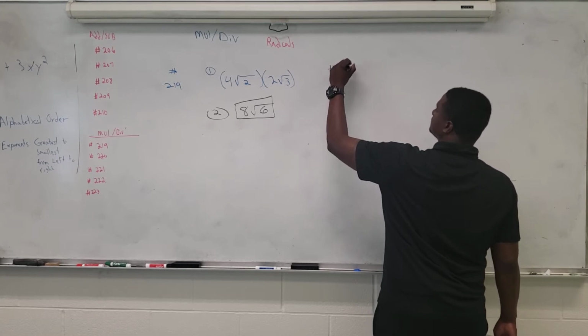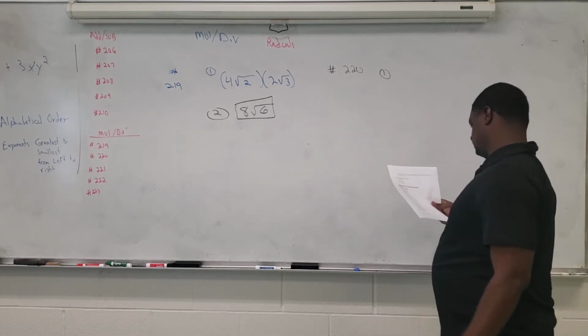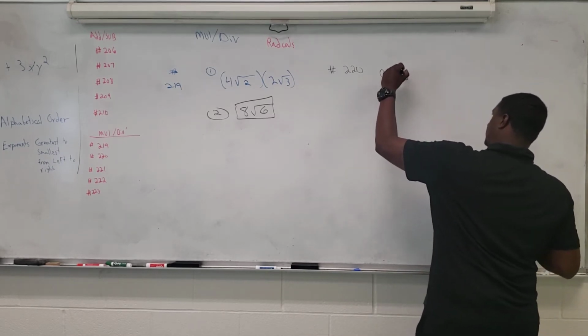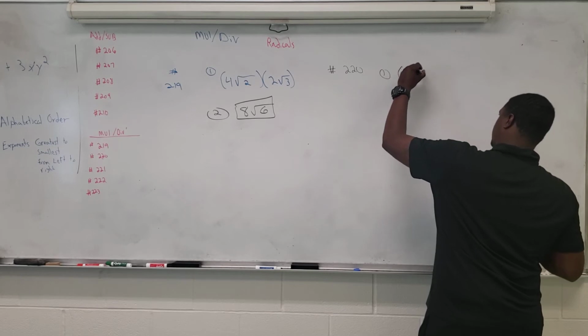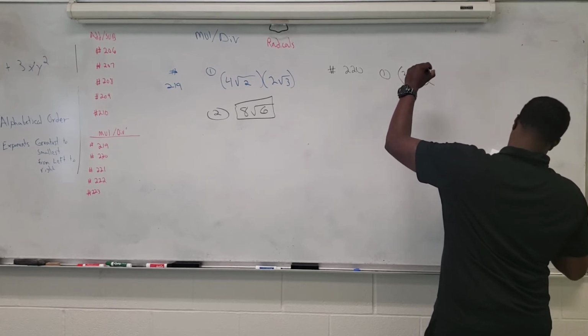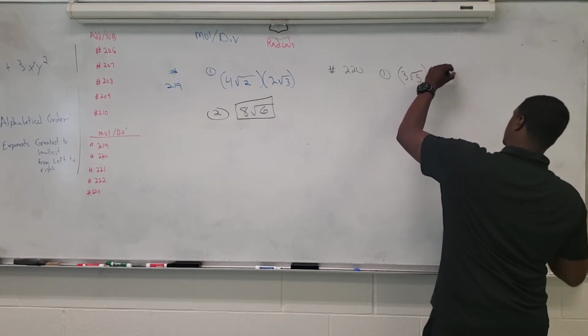220. I have 3 square root of 5 times 4 square root of 2.